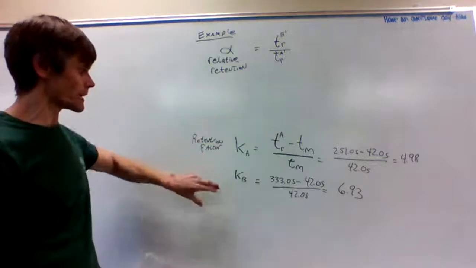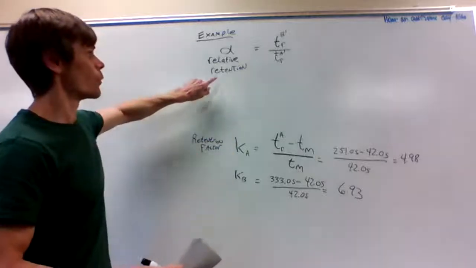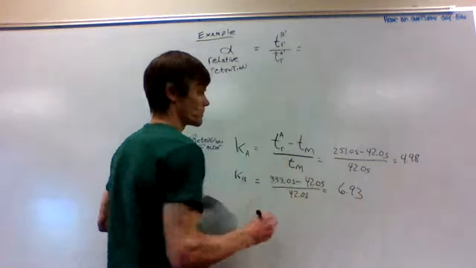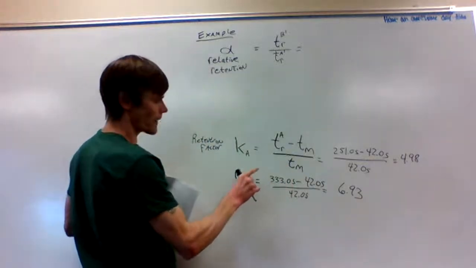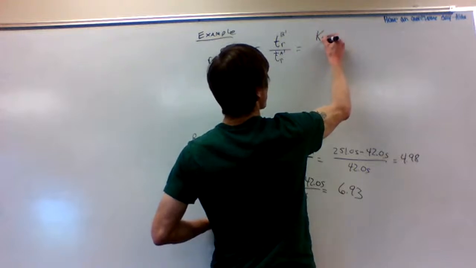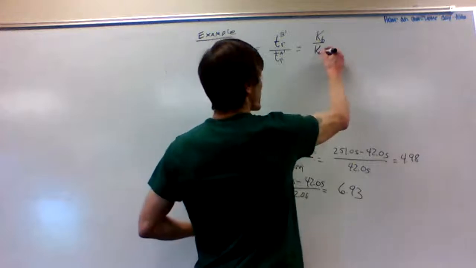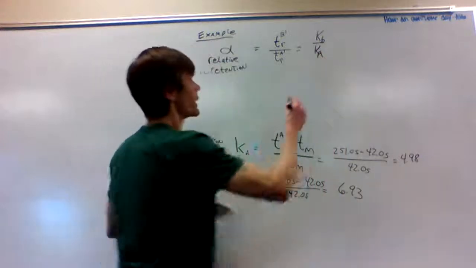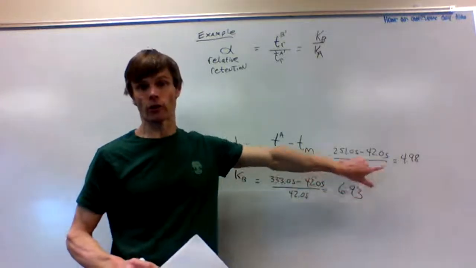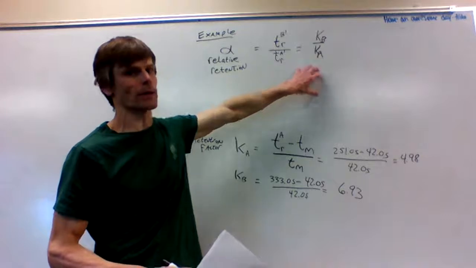Since we've already calculated our retention factors, another way to report relative retention is simply the retention factor of B divided by the retention factor of A. Remember, it's always the factor that's larger over the factor that's smaller. Now, this is another way we can calculate it.